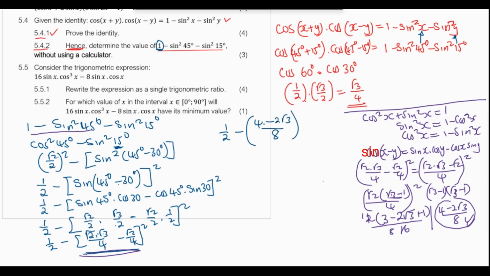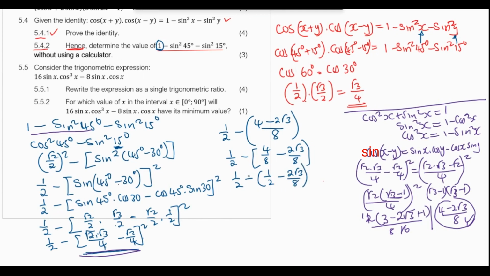Right? If I may break this fraction here, this fraction in the bracket, it's going to be 1 over 2 minus 4 over 8 minus 2 root 3 over 8. I just broke this fraction here into two parts. And then 4 over 8 is like 1 over 2. So 1 over 2 minus 1 over 2 and minus 2 root 3 over 8.